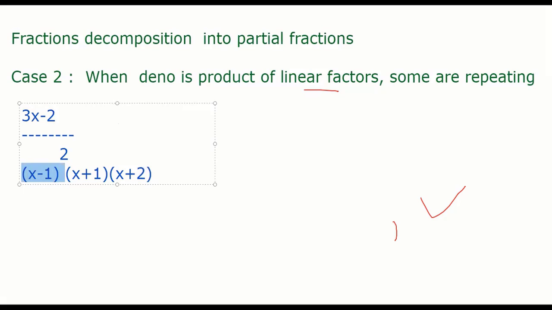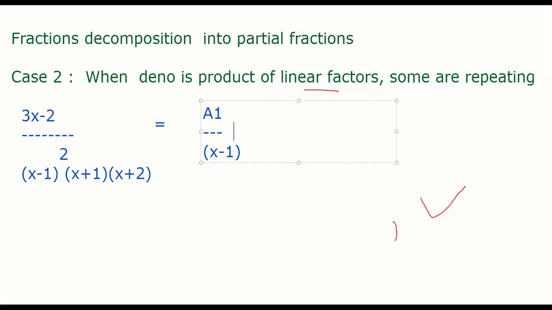So there are two types. When we have this kind of type, you should not write it in the form I wrote earlier. We'll write in a different form. Suppose we say A1. Now understand the difference. You will say A1 by x minus 1, the factor which is repeating, plus A2.